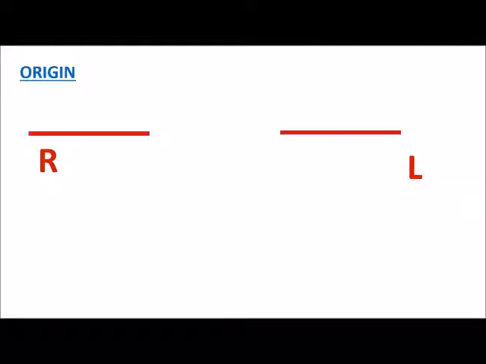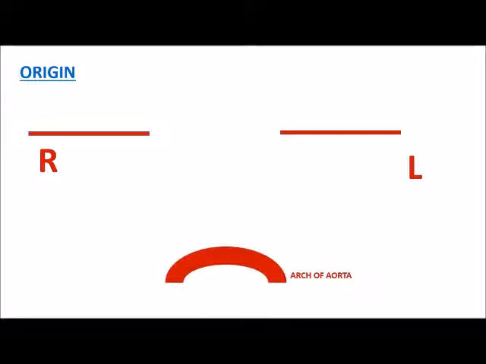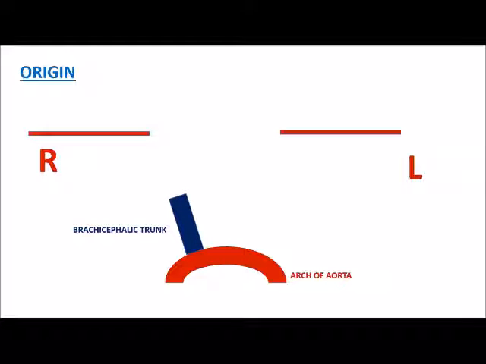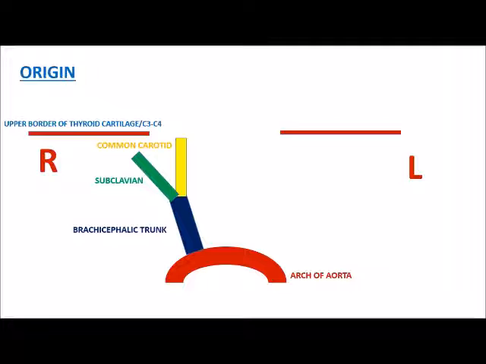Here we will discuss the origin of internal carotid artery. Arch of aorta on right side gives rise to brachiocephalic trunk and it divides into right subclavian and right common carotid artery. Common carotid artery at the level of upper border of thyroid cartilage or C3-C4 cervical vertebral level divides into external carotid and internal carotid arteries.